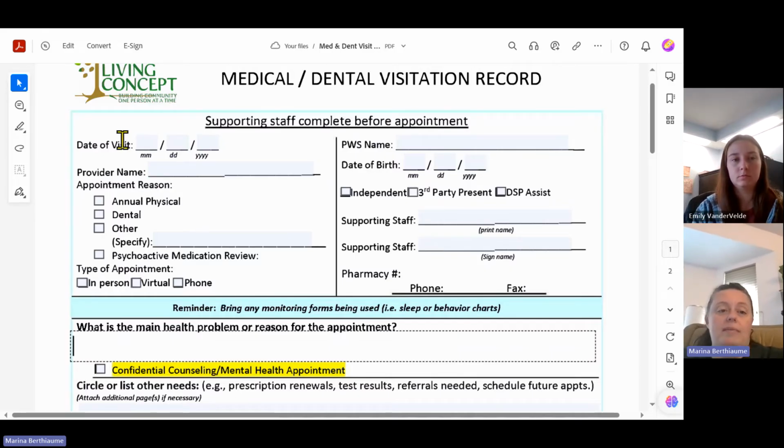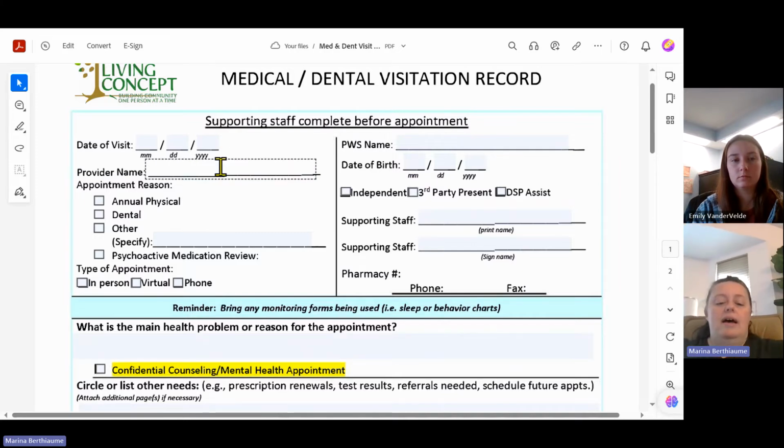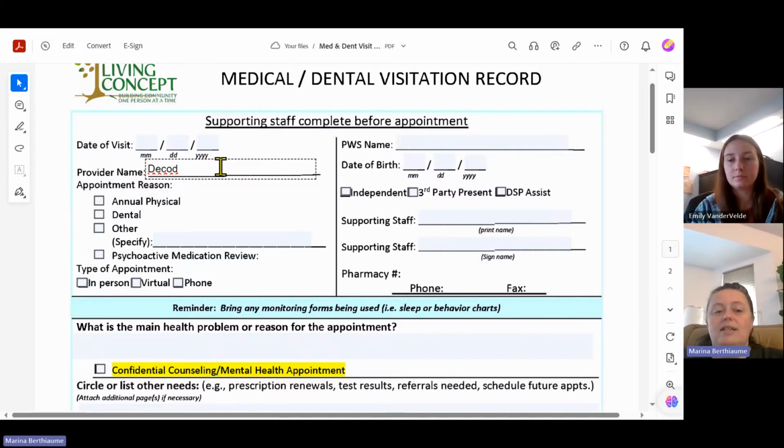So before the appointment, you're going to fill out what the date of the appointment is and the name of the provider. It'd be like Dr. DePro, or sometimes you go to Decode, which is the dental clinic, and you might not know the actual name of the dentist, so just put in Decode.